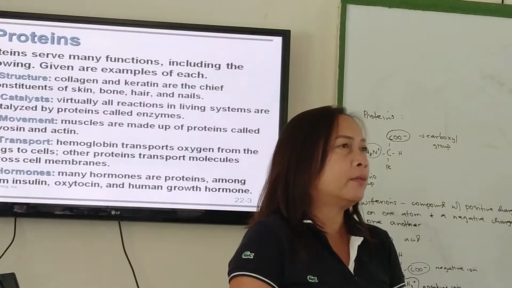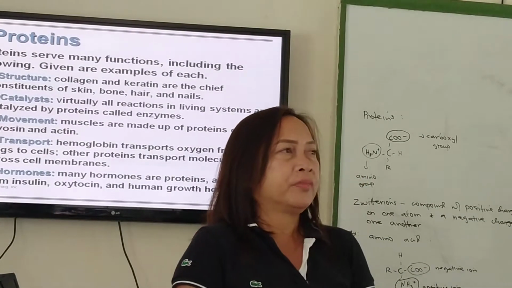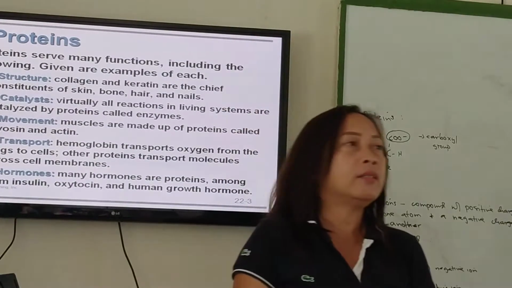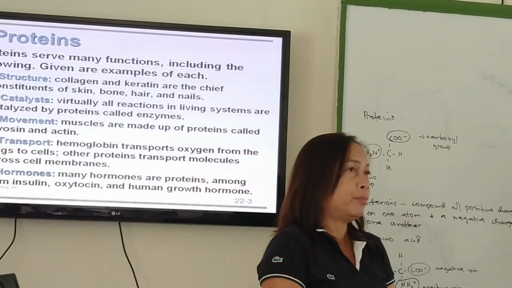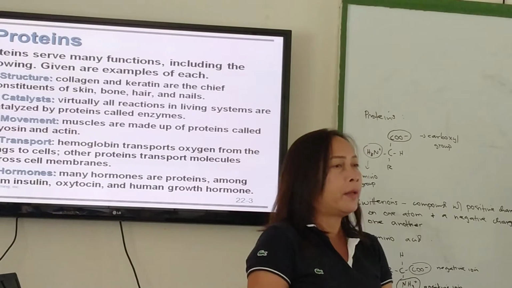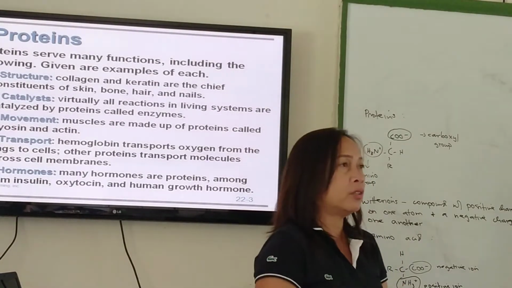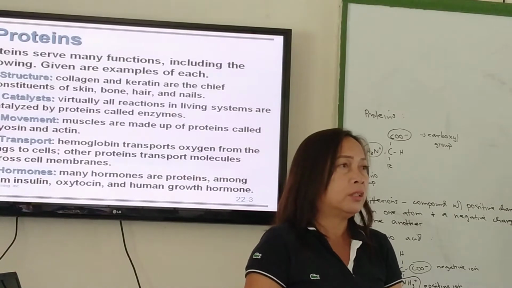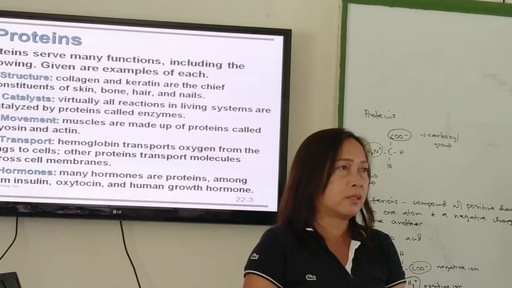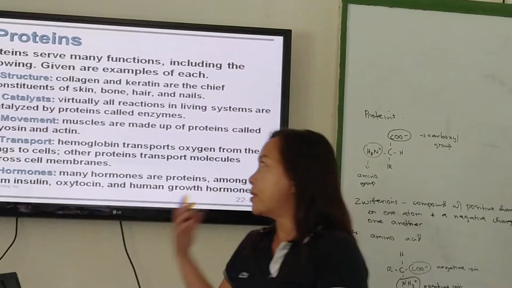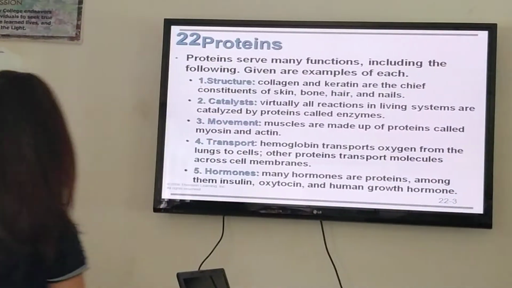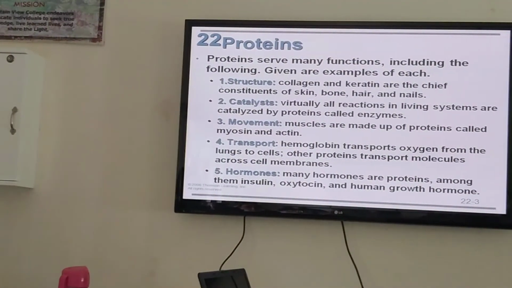So that's why Jesus said, men shall not live by bread alone. Because when our cells run out of carbohydrates, then we have the alternative sources of energy, the lipids and the proteins.